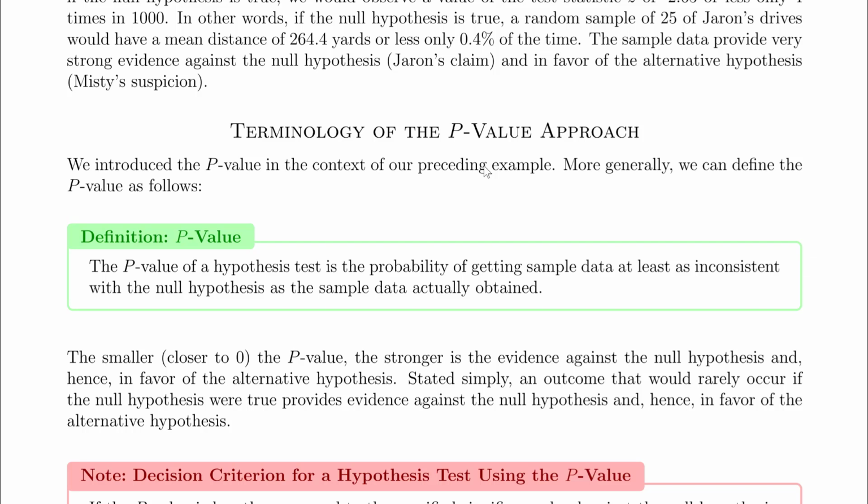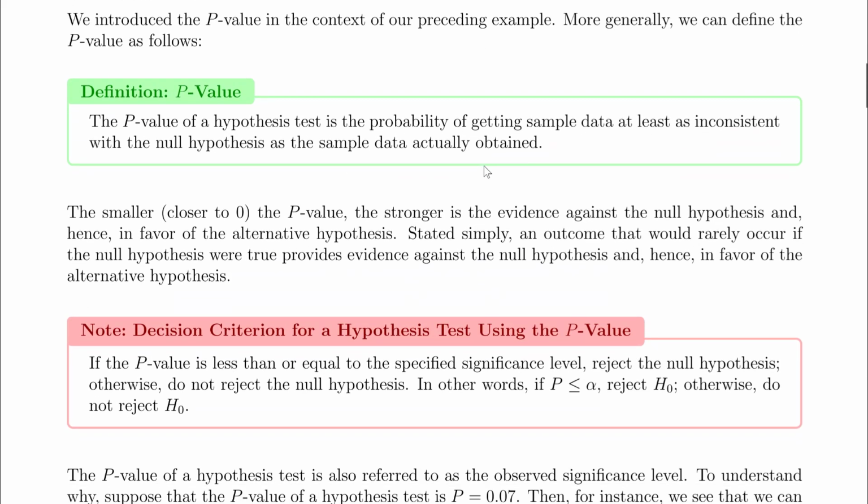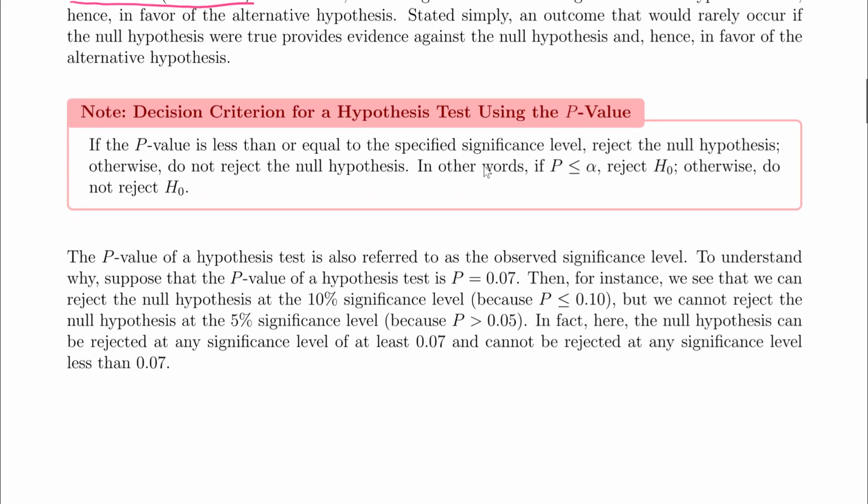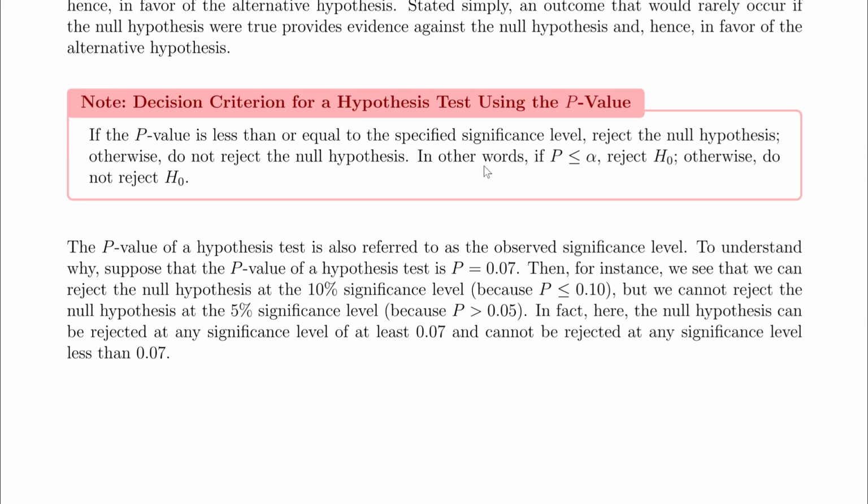One of the other rules you can also consider is the closer your p-value is to zero, the more likely it is that you will end up rejecting the null hypothesis. And that's indicated right here as well. The smaller or closer to zero the p-value, the stronger the evidence is against the null hypothesis in favor of the alternative. If the p-value is less than or equal to the specified significance level, we reject the null hypothesis.